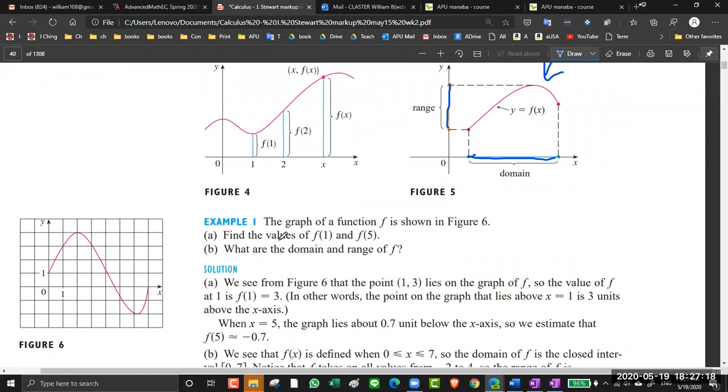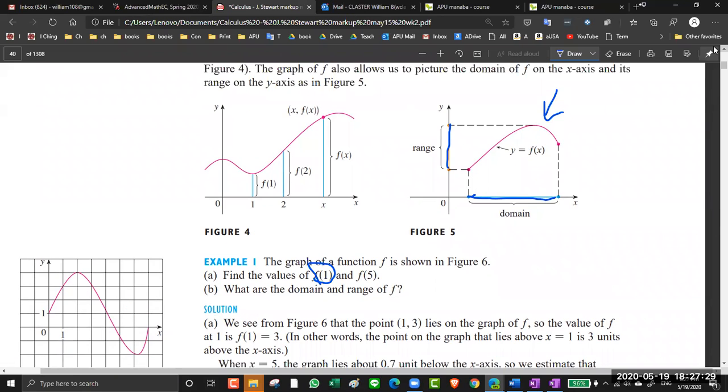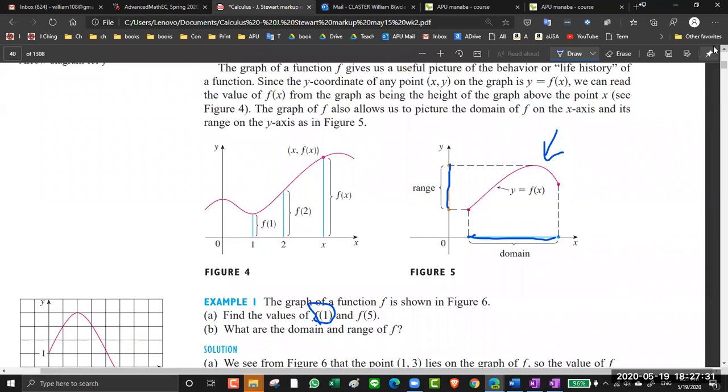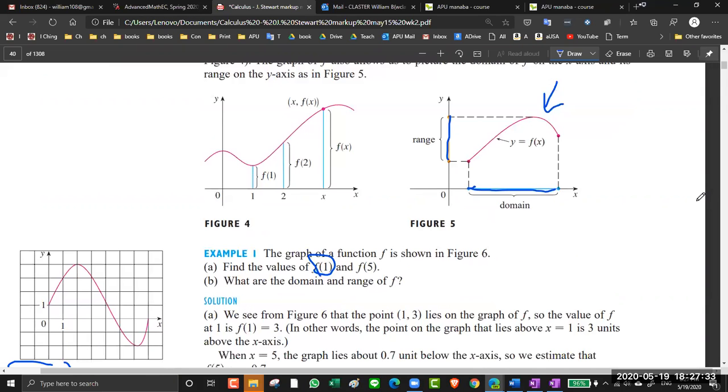Okay, so if we have this figure here, what is f of 1? Is 3? So I guess here, what's this? This is 0 here. 1, 2, 3, 4 maybe?